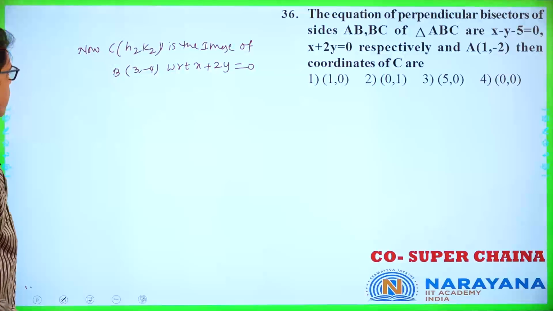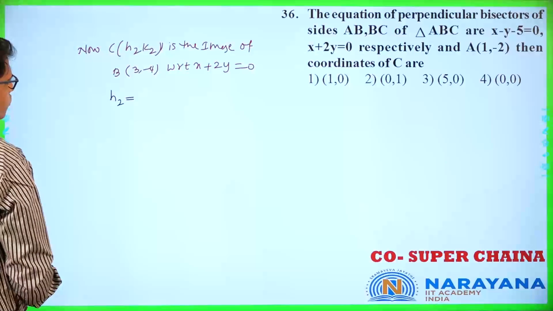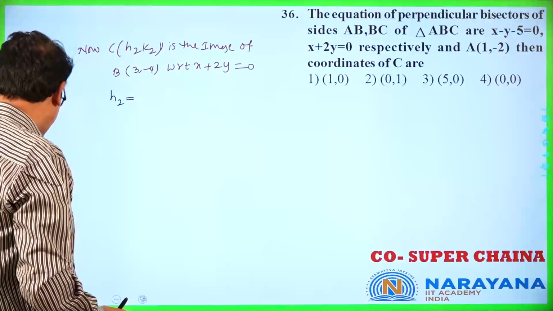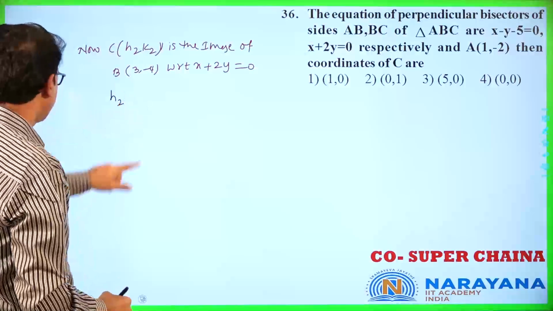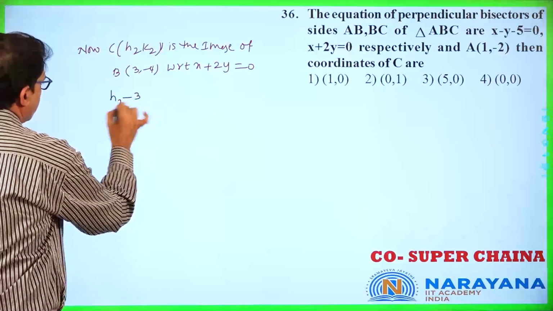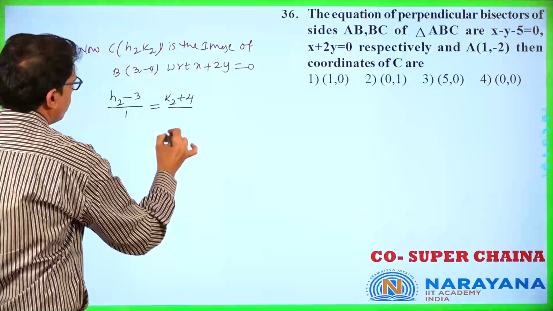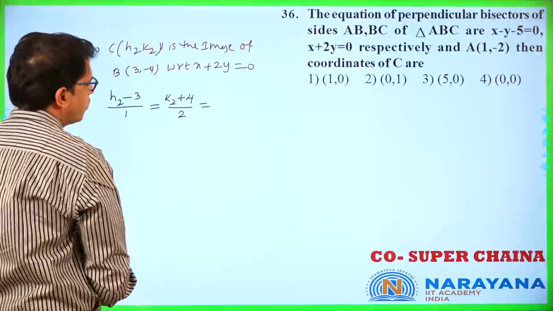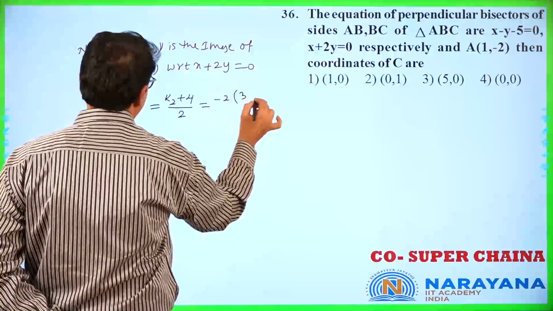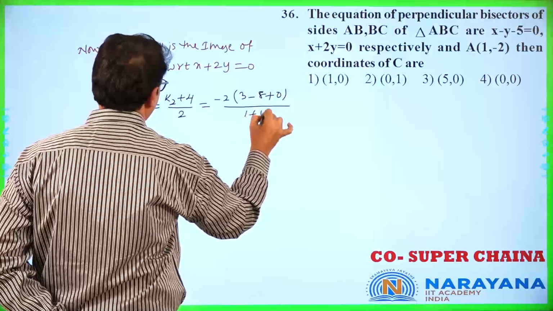See here, h2 minus x1, which is 3, so (h2 minus 3) upon a, which is 1. And (k2 plus 4) by 2 equals minus 2 times (3 minus 8 plus 0) upon (a square plus b square), which is 1 plus 4.